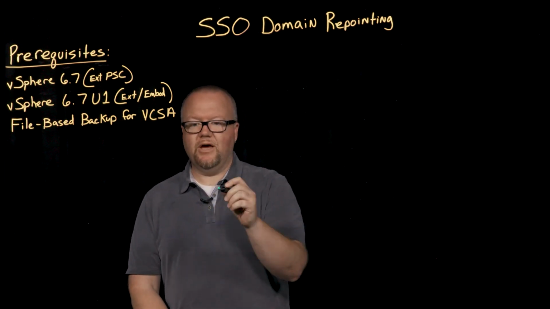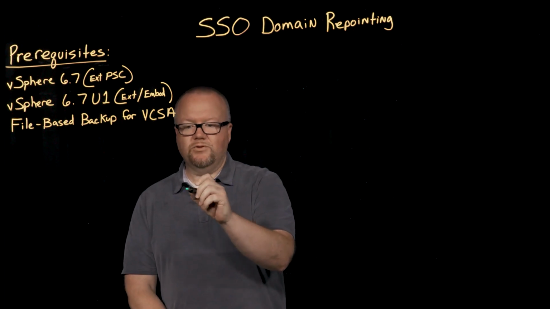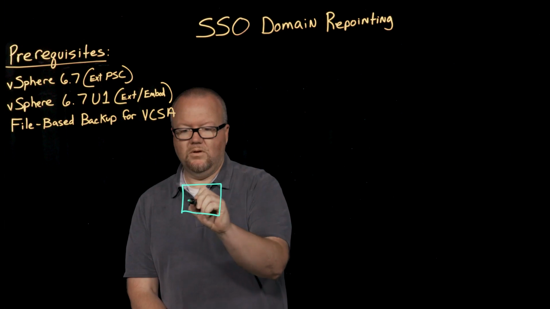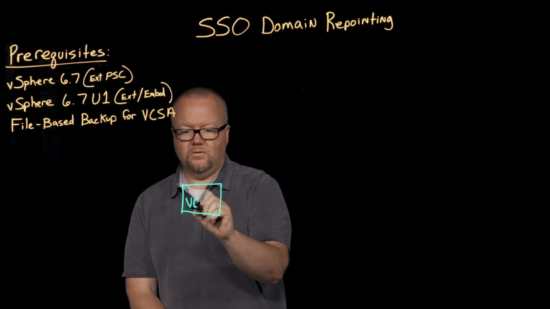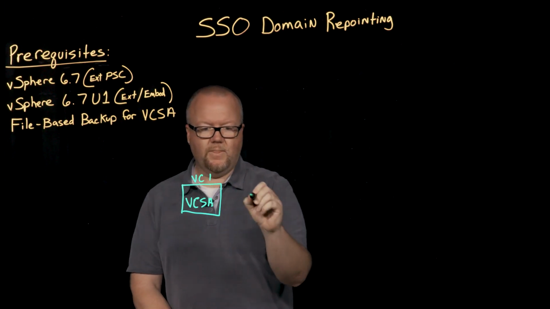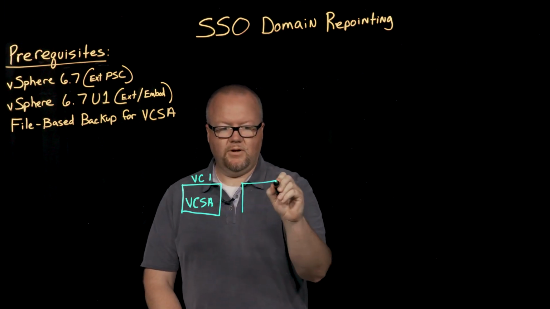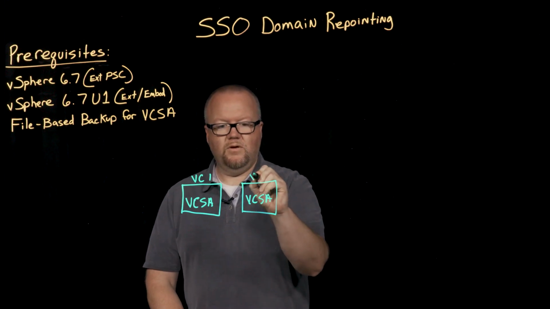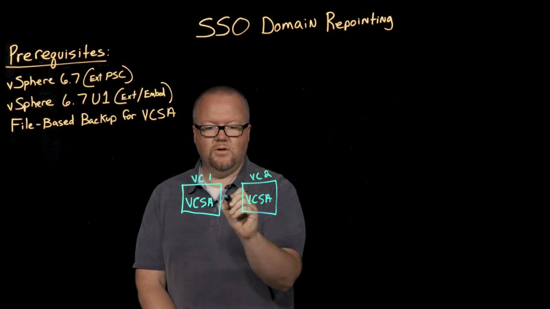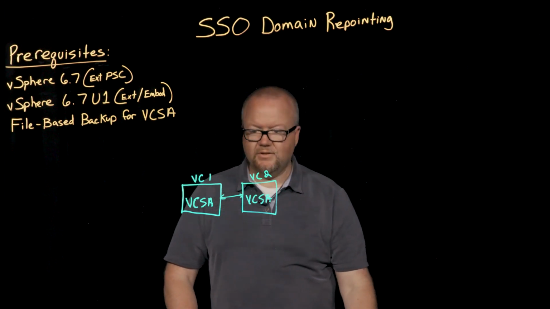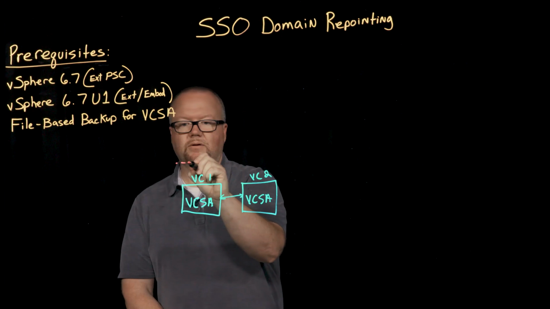So let's imagine we have one SSO domain with two vCenter servers. We'll call this VC1, and we have our second one here, VC2. And of course these two are replicating, and they're both in the same SSO domain.